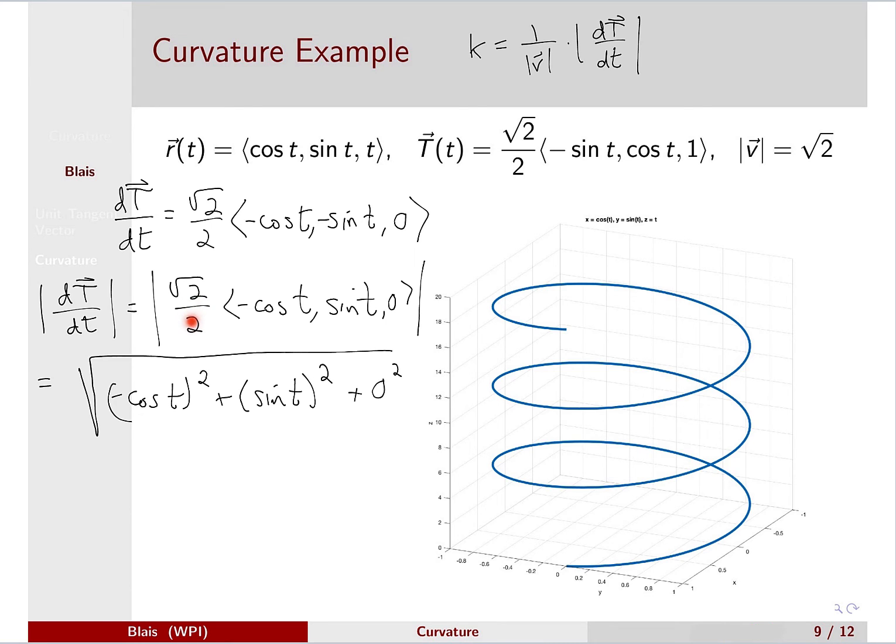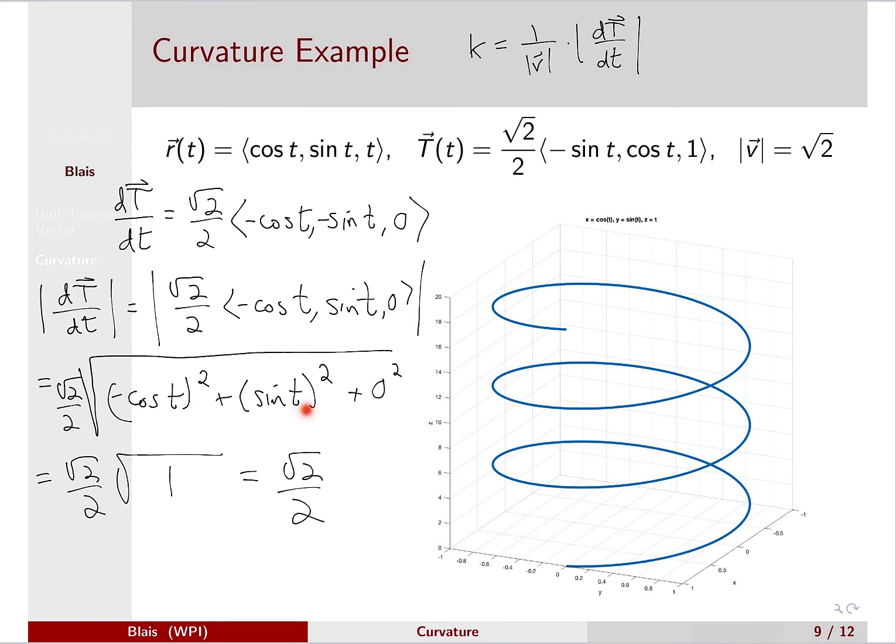And remember that a scalar can come out of this magnitude calculation. So we have our root 2 over 2 here. And we see that this is root 2 over 2 times the square root of 1, or root 2 over 2.